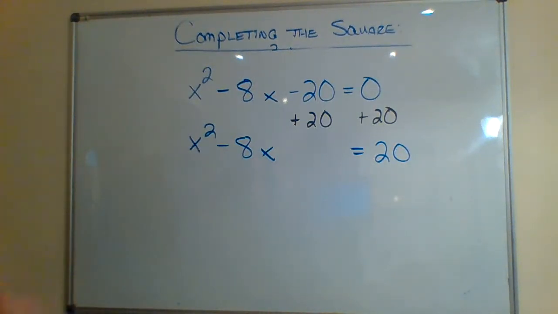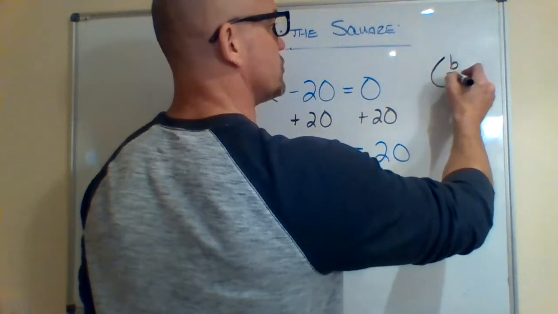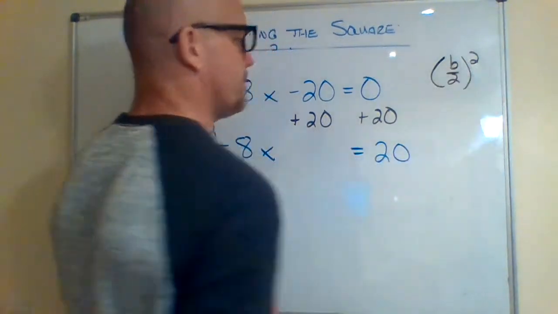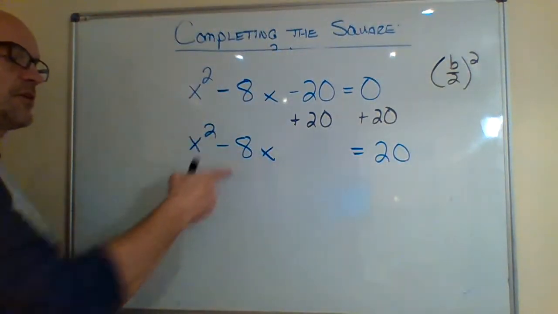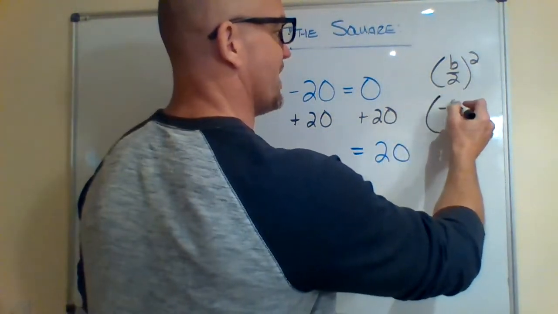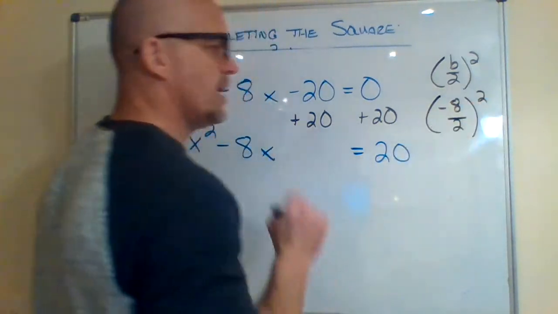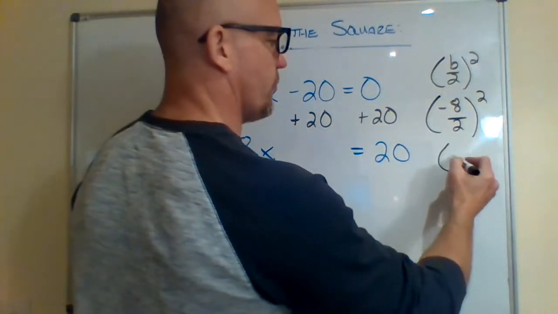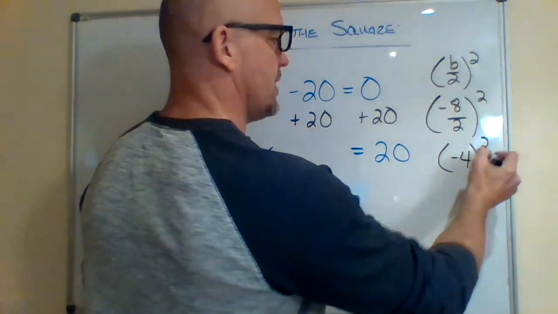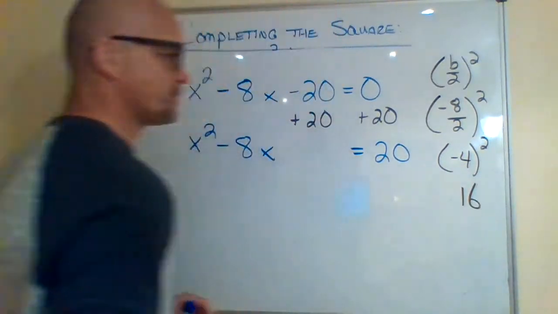The new c value comes from that process of b over 2 squared. In this case, my b term is negative 8. That's important. Negative 8 divided by 2 squared. Negative 8 divided by 2 is negative 4, and negative 4 squared is 16.